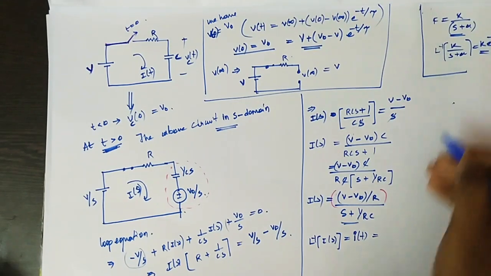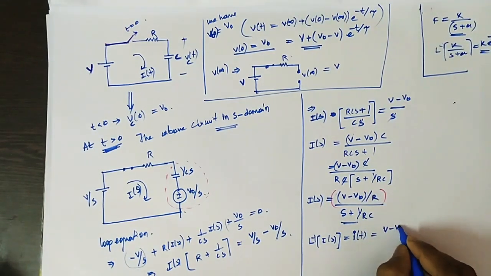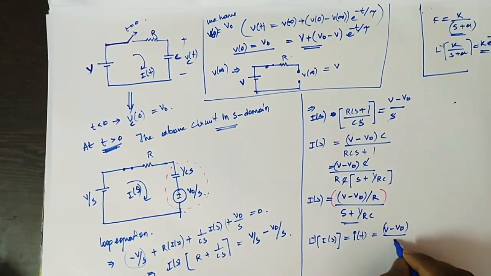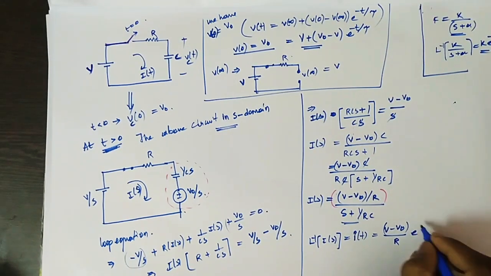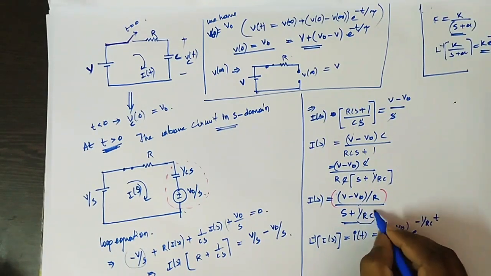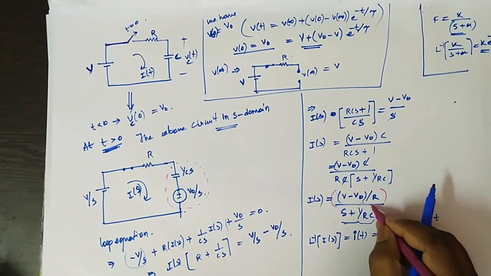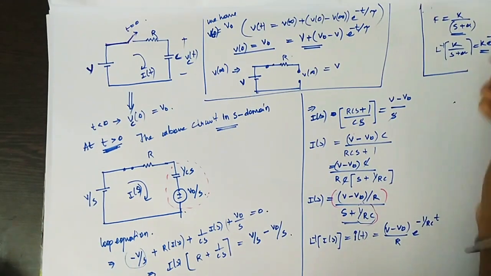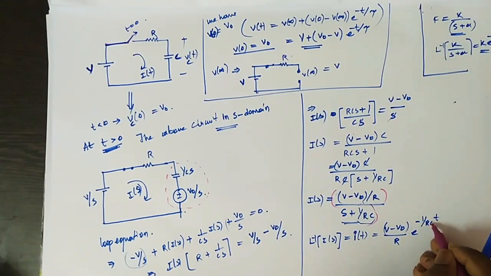So the same: V minus V naught by R into e power minus 1 by RC into t. So a is 1 by RC, so minus 1 by RC into t.